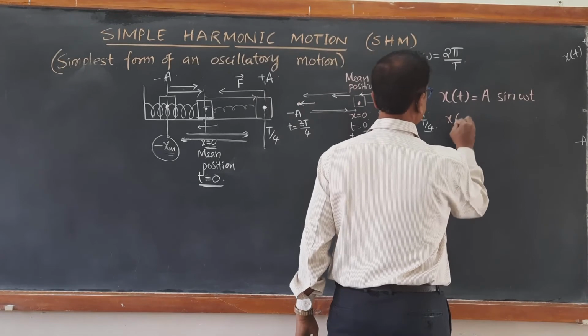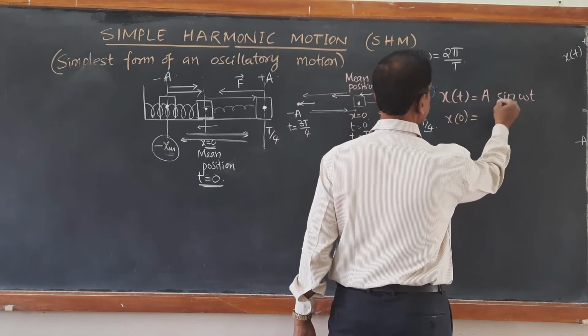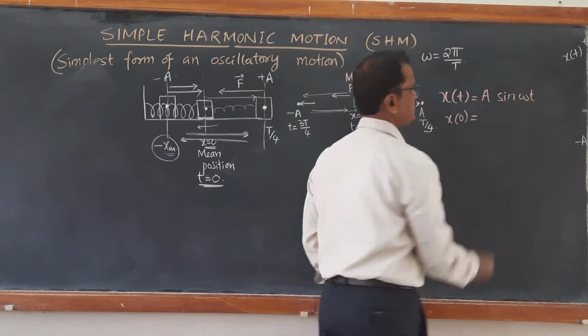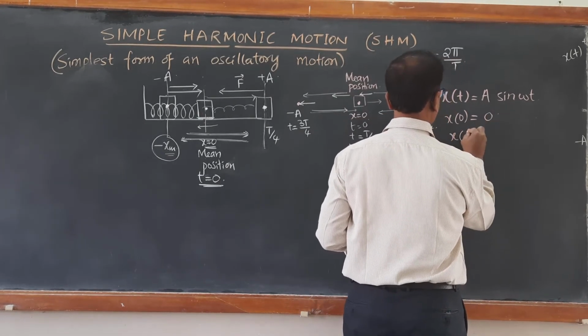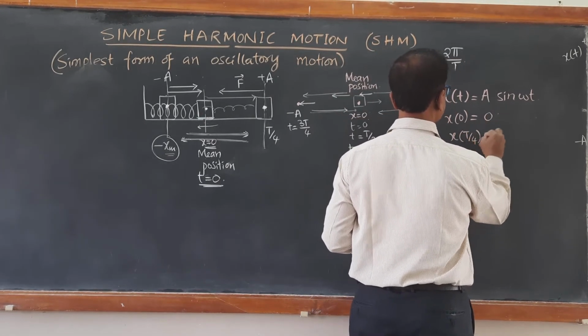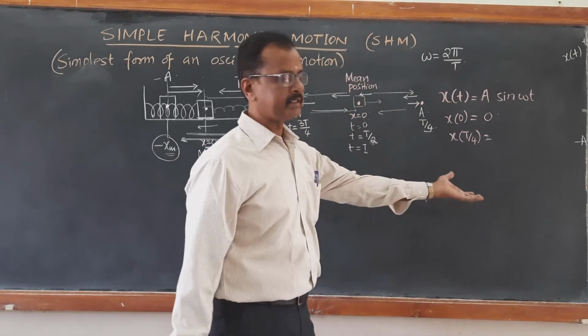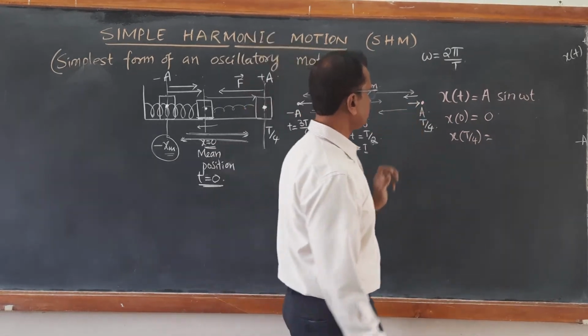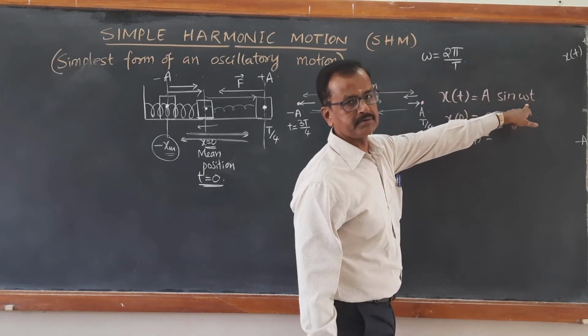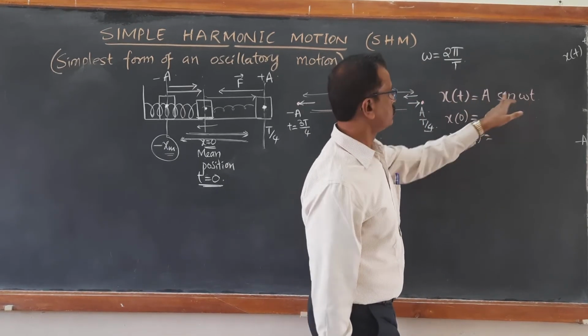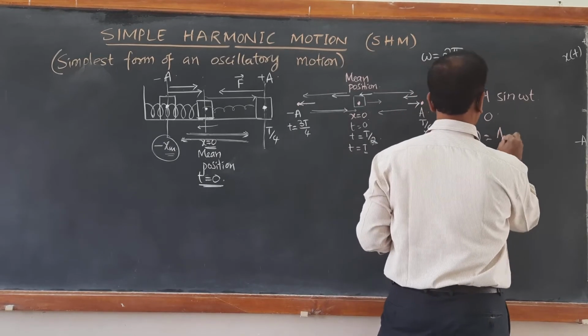At time t equal to T/4, if you calculate in the same way as we have calculated earlier, it will be plus a. Sin pi by 2 is 1, so we will get plus a.